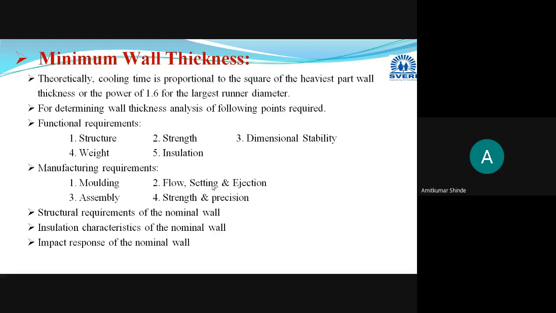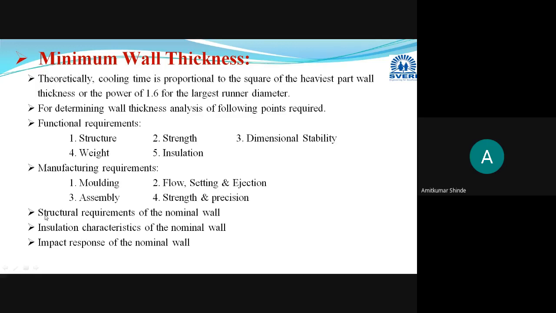Then ejection: how much time it will take for the ejection, or whether that method is very easy or it will consume some time, or some other extra arrangement is needed, and whether any extra assembly or some support is needed during this manufacturing process. These points you have to consider.